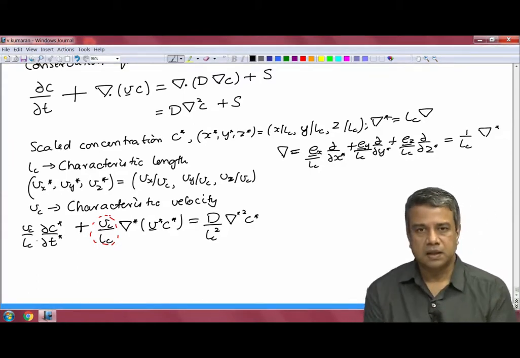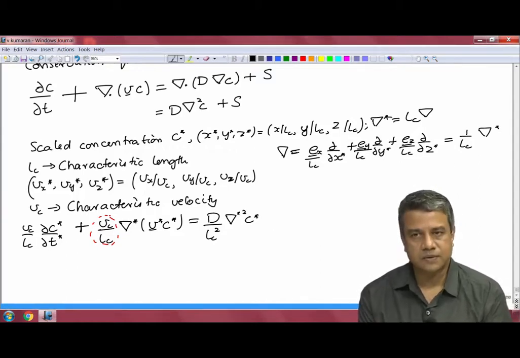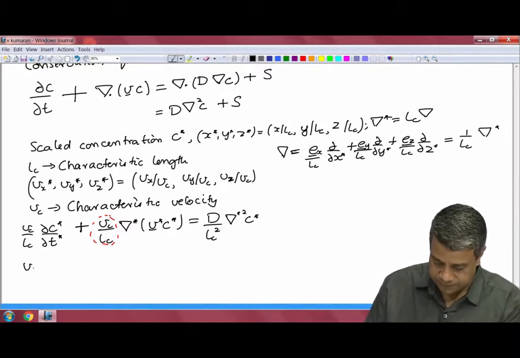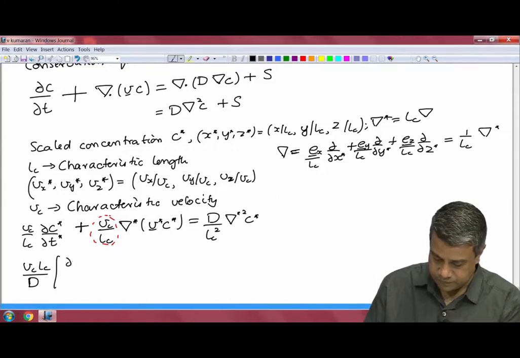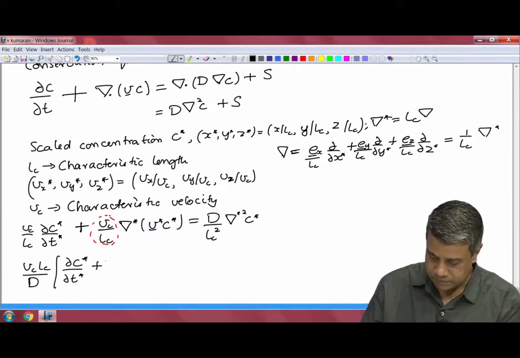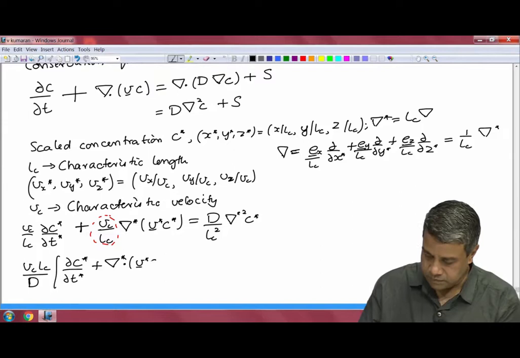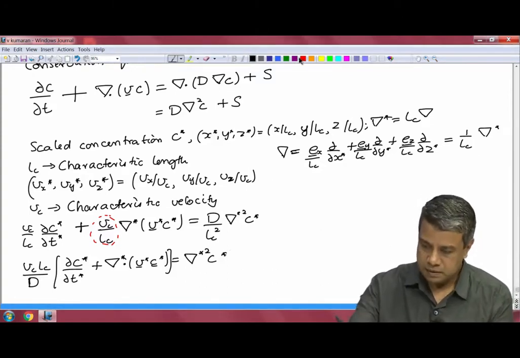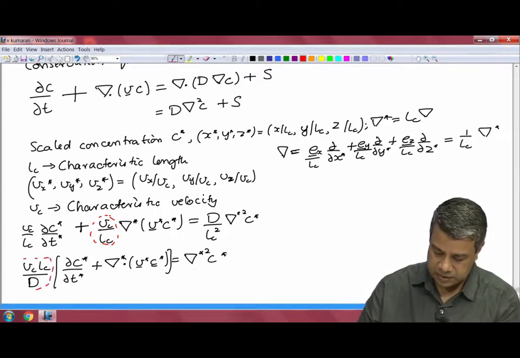And multiplying both sides by L square by D, you get a dimensionless equation, where this coefficient here is the Peclet number.